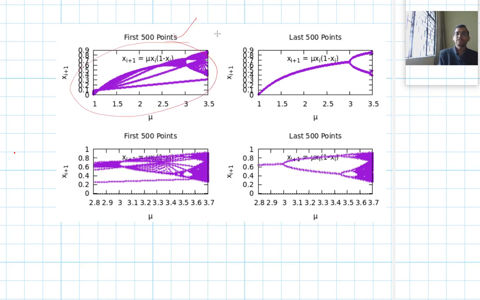But when I ignored the beginning 500 points, the transient behavior, and focused on the last 500 points, I see a pattern: it bifurcates at 3, and after that it bifurcates again at around 3.44. For the first points, no pattern will be observed.